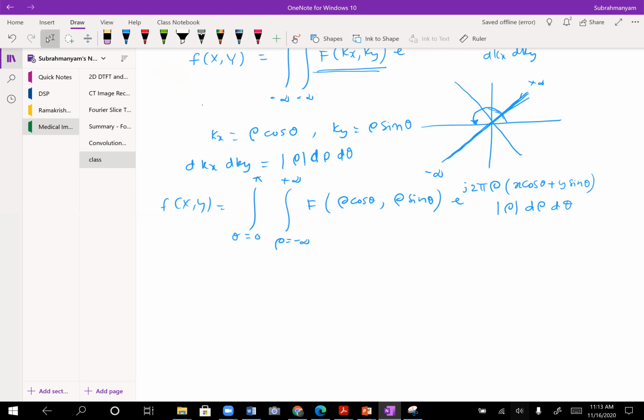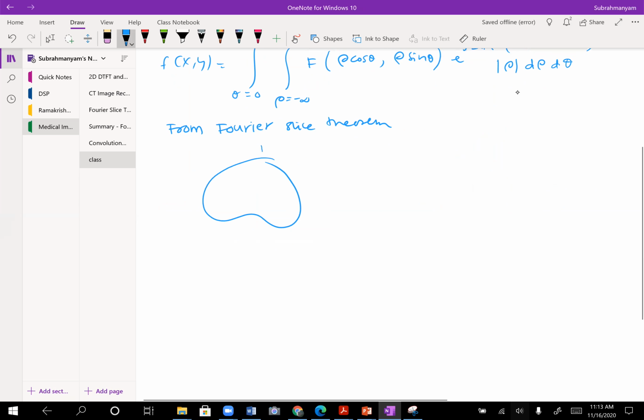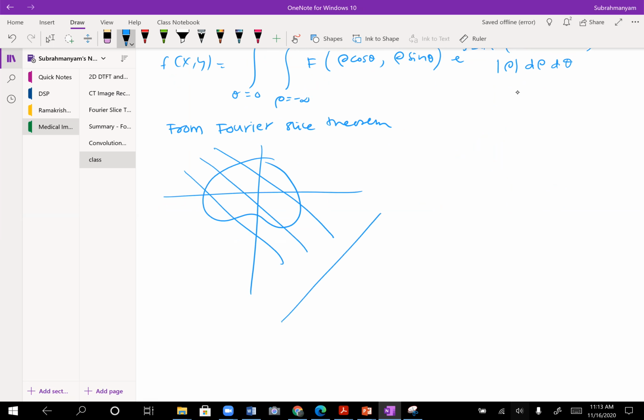Okay, good. So then from the Fourier slice theorem, we have already seen that if you have, for example, an object for which I am taking a projection at an angle theta, I have the profile of it. This is my f of xy. This is x. This is y.